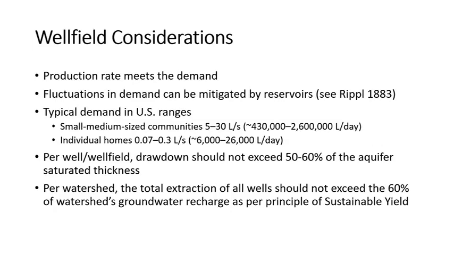All right, so basically we take the annual groundwater recharge of the whole watershed. You can do that using hydrologic budget calculations, and from there just multiply that by 60%, and basically you shouldn't be drawing out more than 60% of the groundwater recharge for the whole watershed.